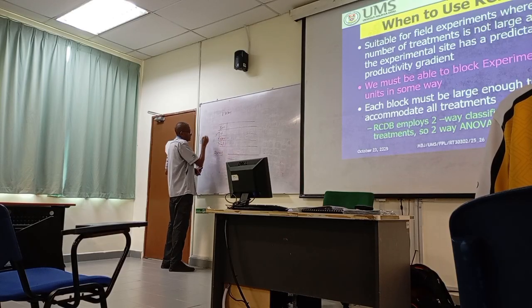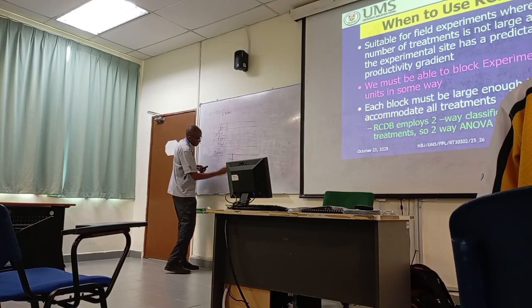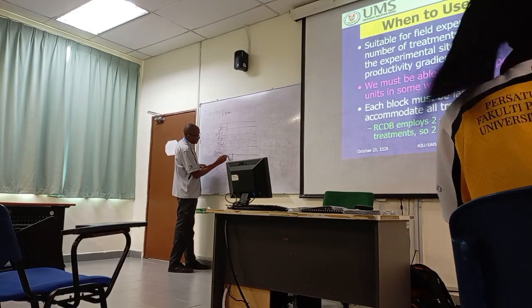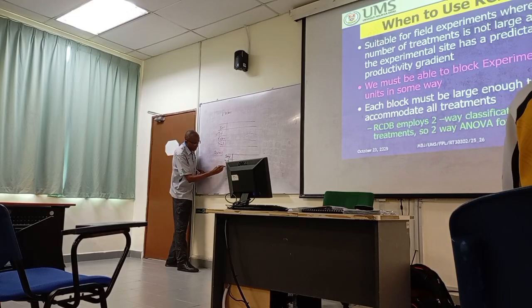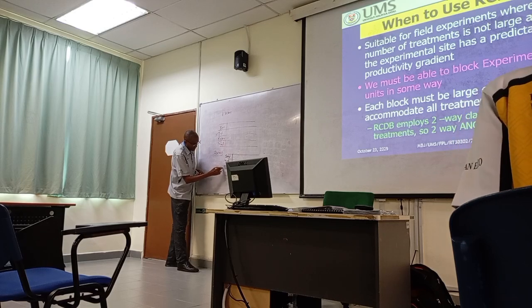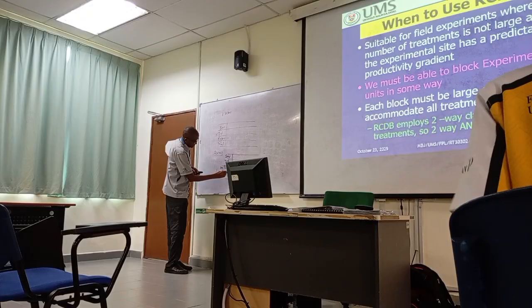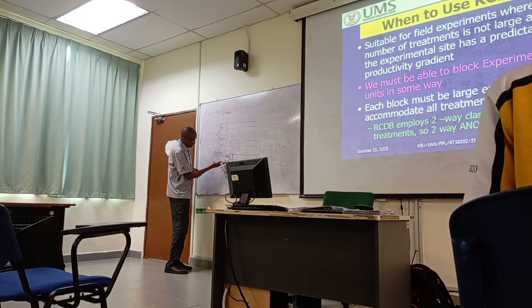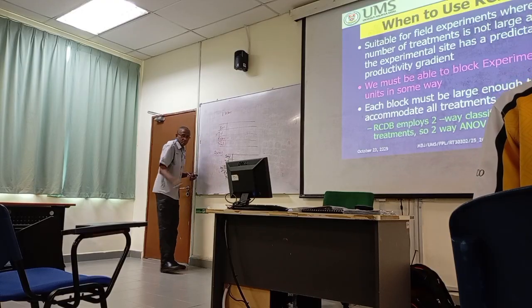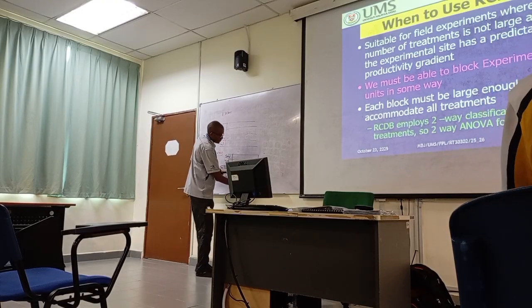Only one way. Whereas in two-way, here we have our source of variation, we have treatment, and then we have one more, block, or some people will put here a replication. And then error, and total. So we have one more. 1, 2, 3, 4 here, 1, 2, 3. The additional is this one. So we will have two things to look at here.